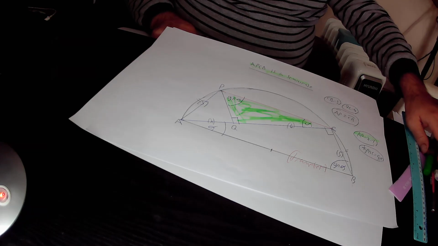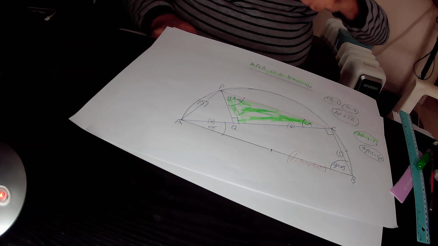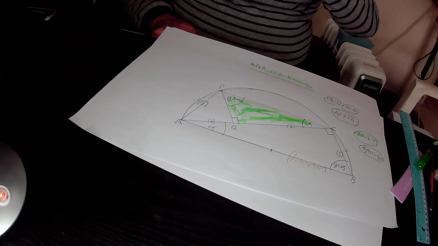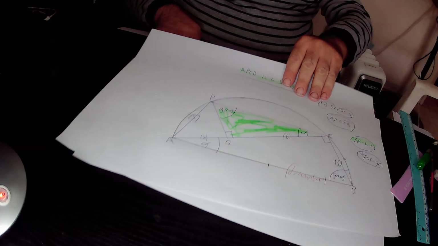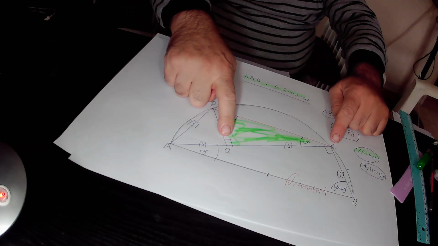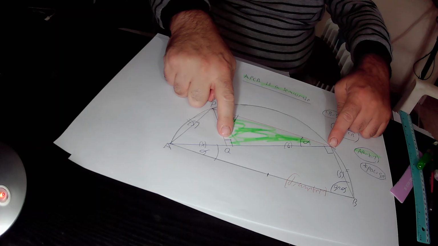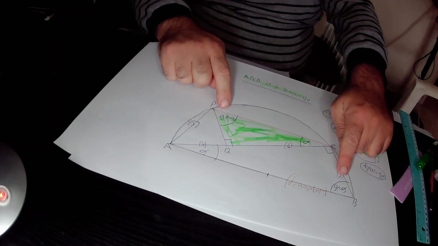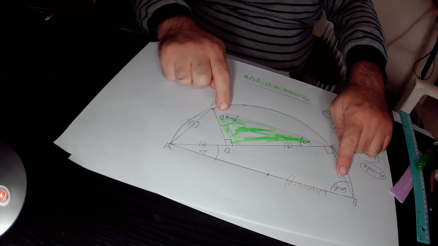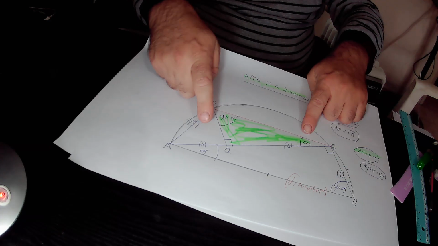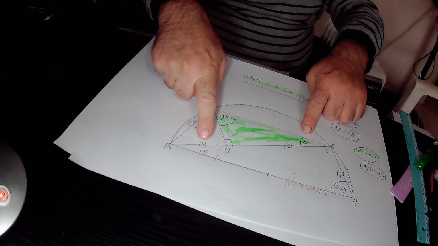So those two adjacent triangles are similar to each other. First of all, those two angles are both equal to 90 degrees and therefore they are equal to each other. In addition, those two angles are both equal to 90 degrees minus alpha and therefore they are equal to each other. And finally, those two angles are both equal to alpha and therefore they are equal to each other.